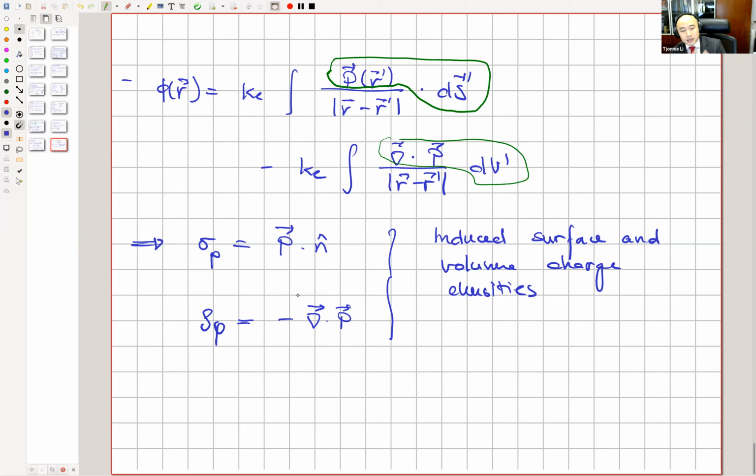But the bottom line, the take-home message is that external E field induces a polarization, and this polarization then comes out as both a surface charge density and a volume charge density that is given by these two expressions over here. Okay, that closes out for today.